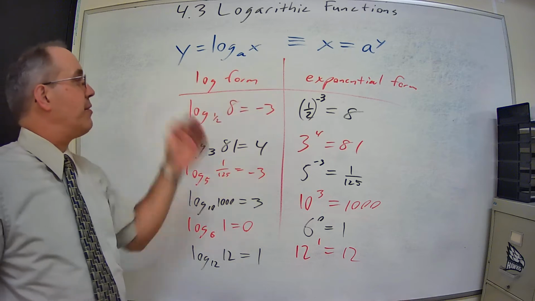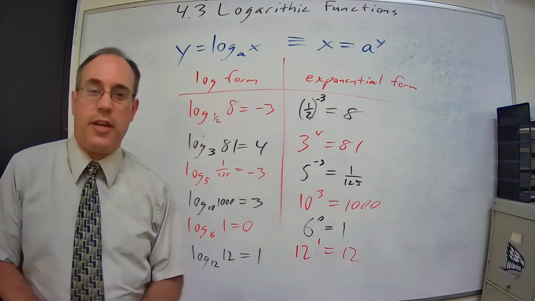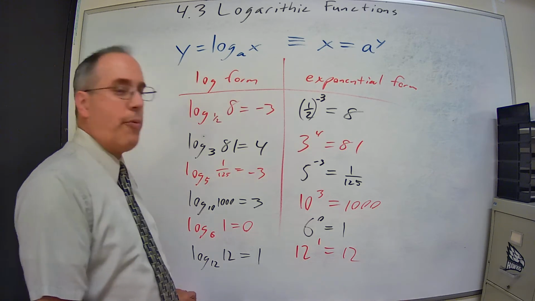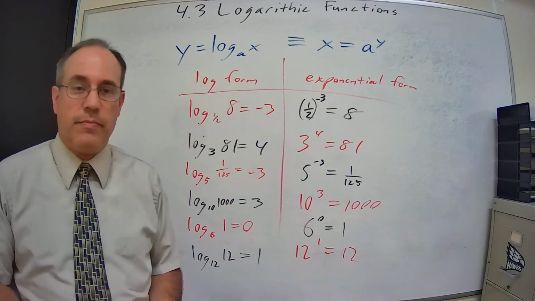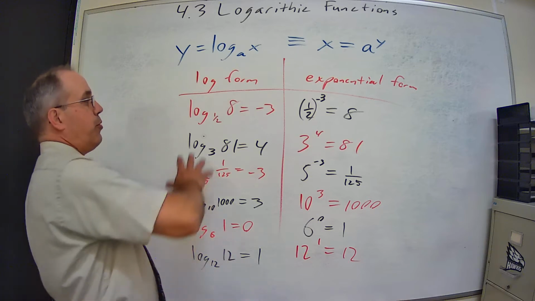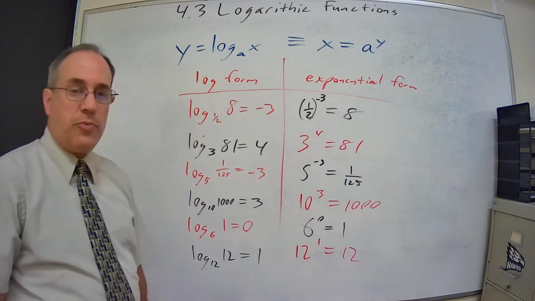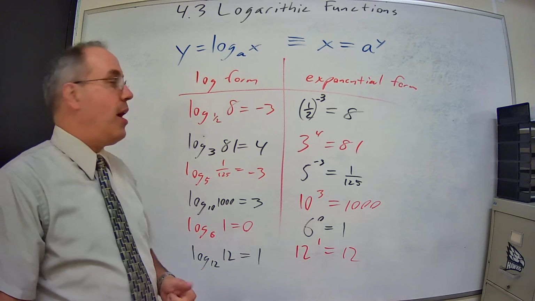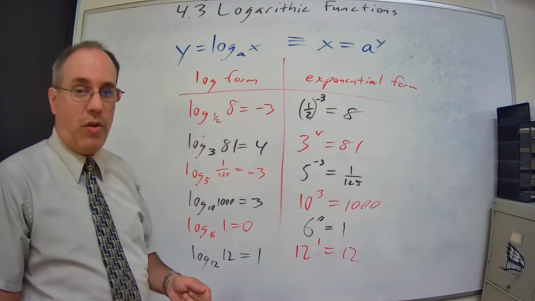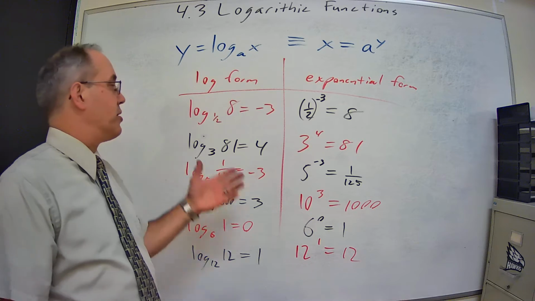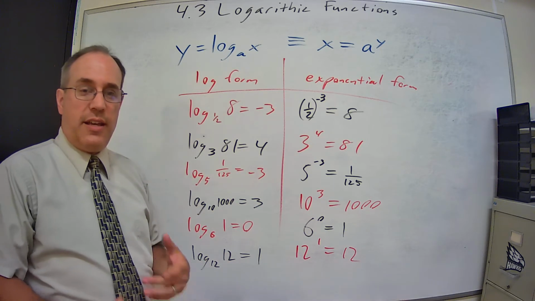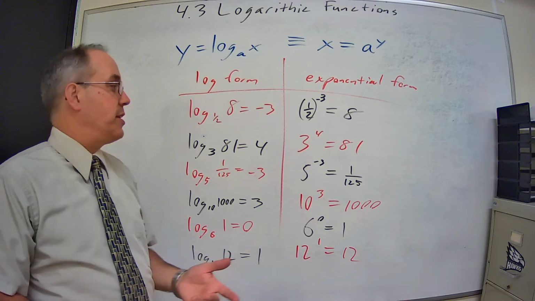So just converting back and forth between log form and exponential form. Now you may look at this and go, well, why would I want to do that? Who cares? Well, the reason we want to be able to do this is because it can actually allow us to solve things that otherwise we would not be able to solve. Because if we can change it back and forth, we can get a variable over to where it's easily solvable.